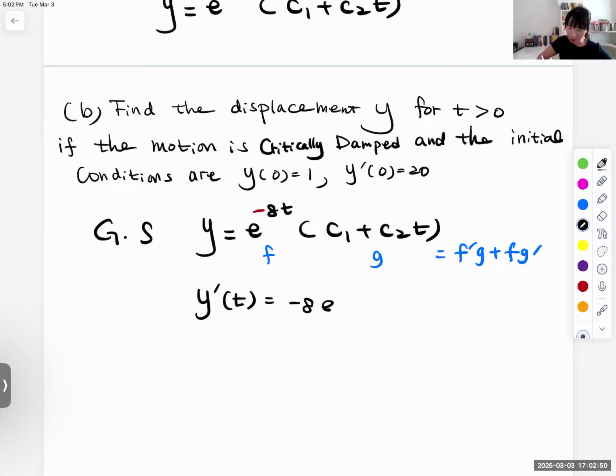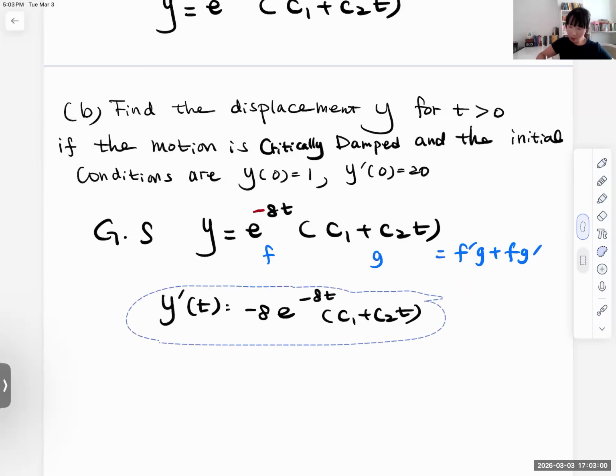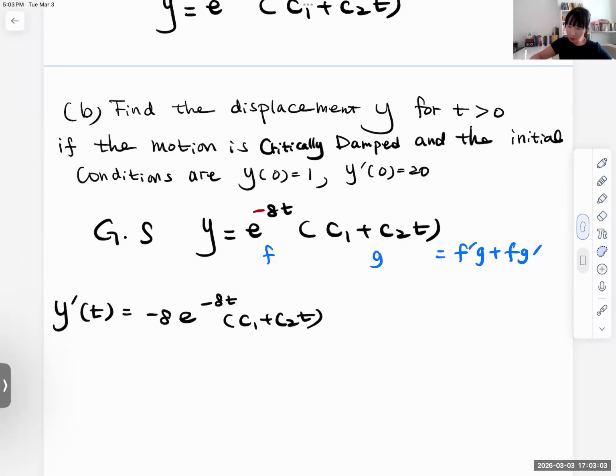So negative 8 e to the negative 8t, and g, c sub 1 plus c sub 2 t, plus f, which is e to the negative 8t, times g prime. The derivative of g, the constant is 0 and just constant c sub 2, right? c sub 2.